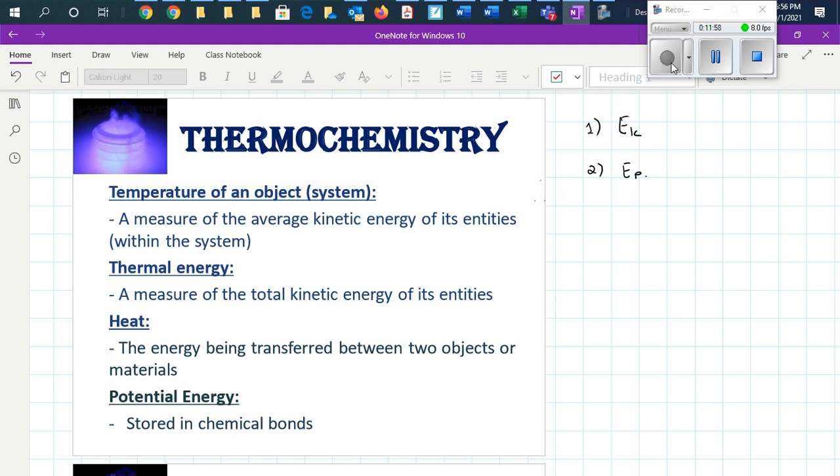Temperature is the average kinetic energy of the whole system, and it is 2/3 of it. Thermal energy is the total kinetic energy of every entity that the system has, and heat is the energy that is being transferred from one object to the other, while the potential energy is energy that is stored.